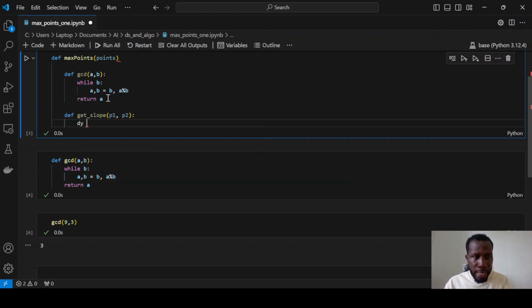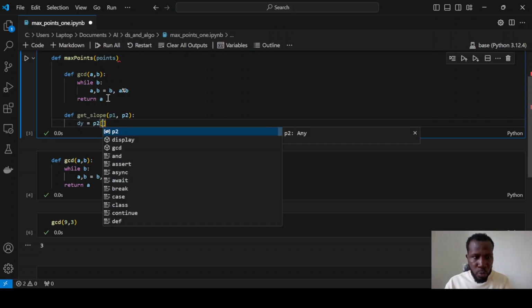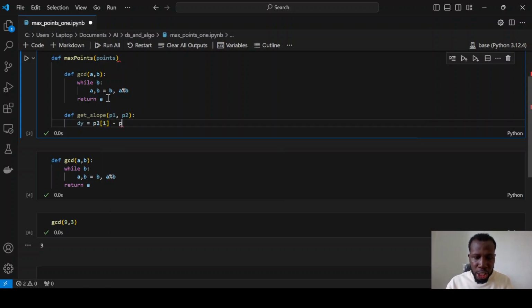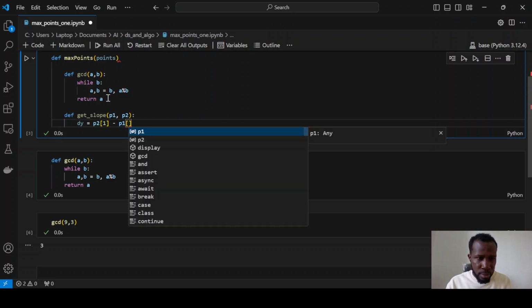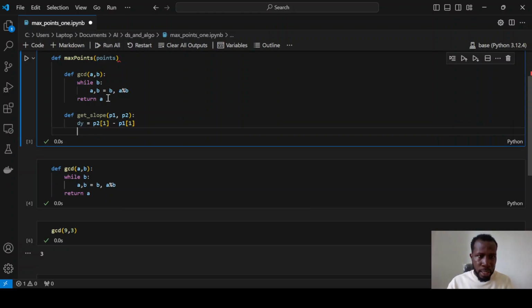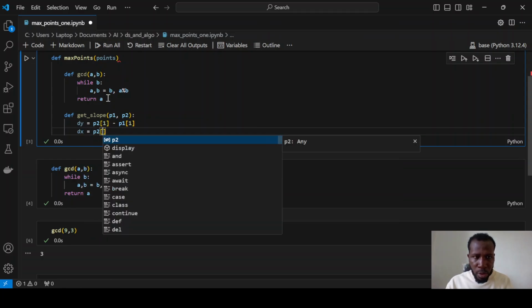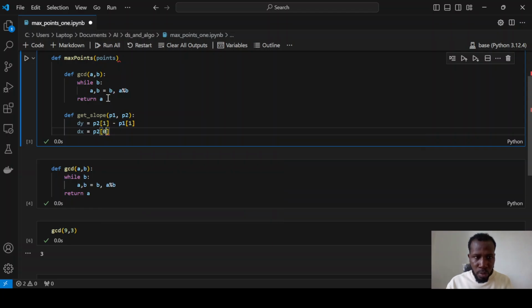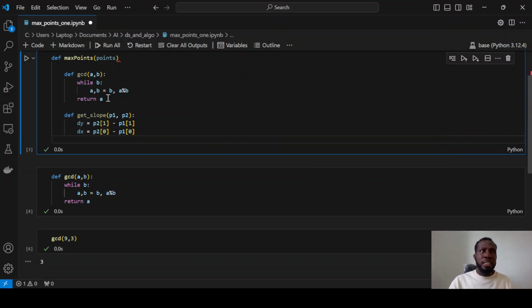So we say dy is going to be the change in y, y2 minus y1, and dx is going to be the change in x, x2 minus x1. Now, if dy is 0, it means 0 over dx is actually 0.